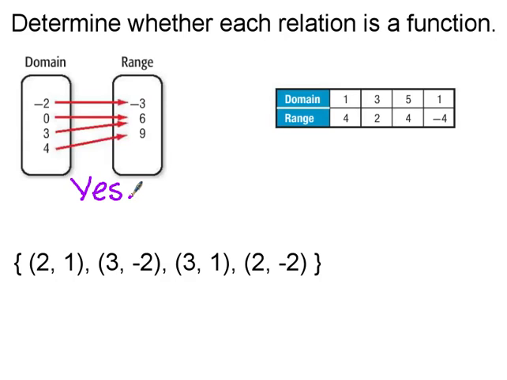Let's look at this one. Is 1 paired with exactly one element of the range? Is 3 paired with exactly one element of the range? Is 5? Is 1? Let's look at that again.